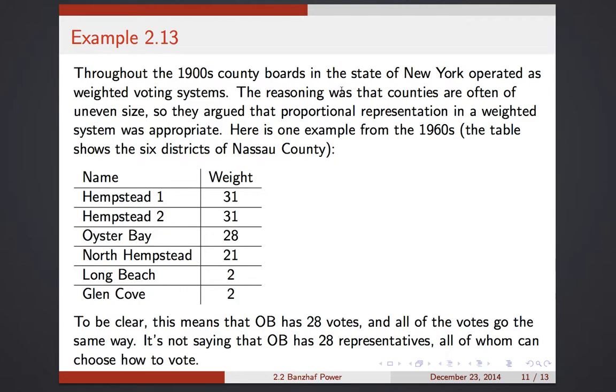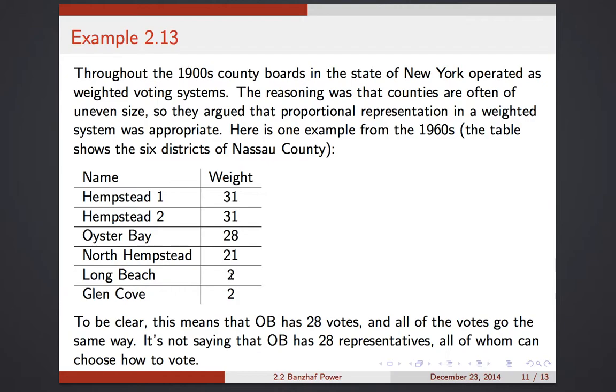So here's an example from the 1960s. This is Nassau County, and it was divided into 6 districts. And here are the weights of the given districts, and these weights are based on population. So, 28, what is that, 14 times 2? So presumably Oyster Bay had 14 times as many people as Long Beach, for example.